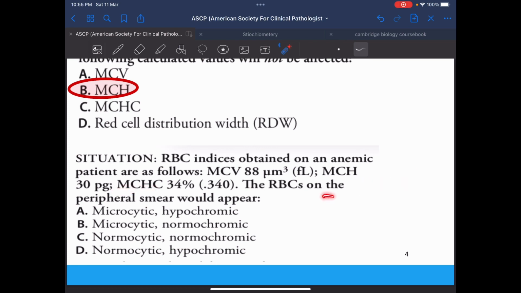MCHC normal is from 32 to 36, and 34 is also normal. This means RBCs will appear as normocytic normochromic cells. So C is the correct answer.